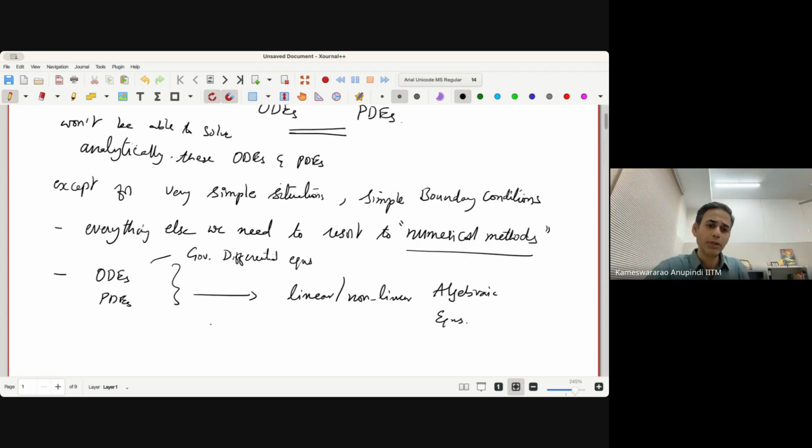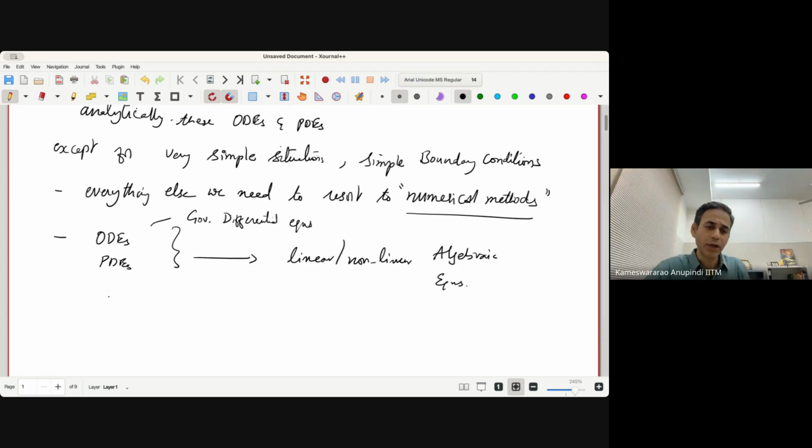Now when we make this conversion and when we try to solve, we are making approximations. Or we can also say that we are introducing or incurring errors at each phase, right?